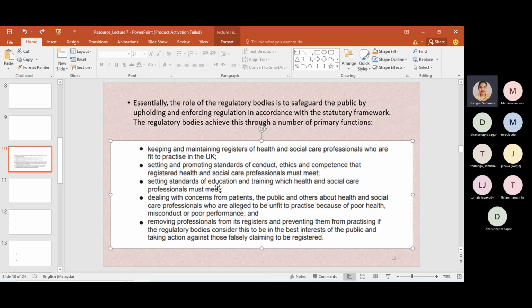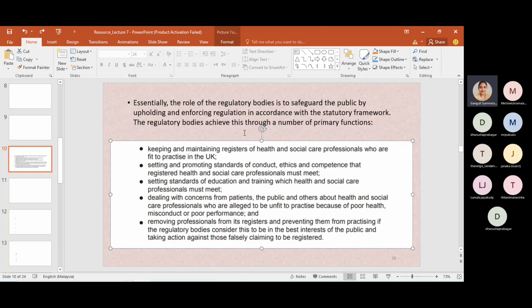Another main function done by the regulatory bodies is that they will remove professionals from their registers, and prevent these professionals from practicing, if they find out that these professionals are not complying with the standards.